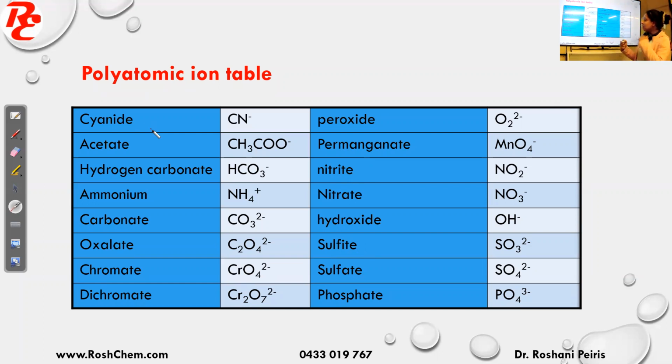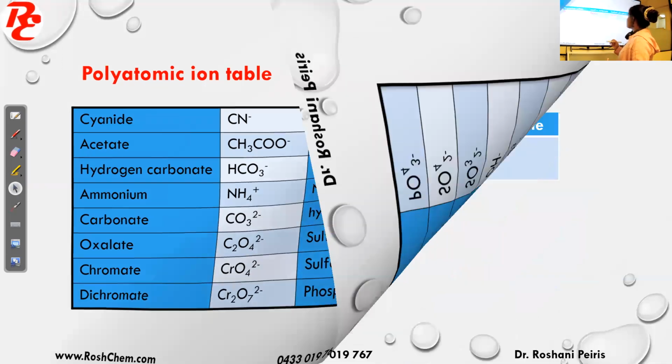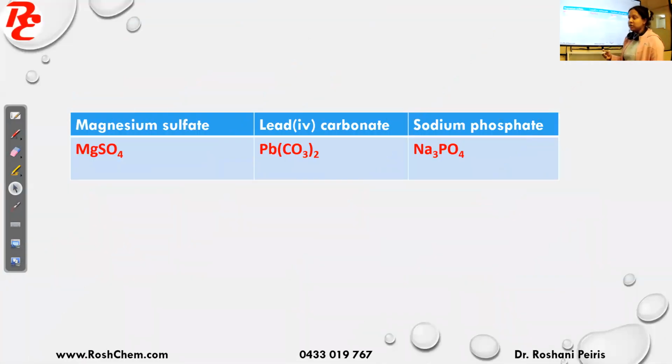Okay, now we will see how we write a formula using polyatomic ions. Okay, so magnesium sulfate. Same rules. So first find magnesium's charge. Magnesium is group 2, so 2+. Then sulfate.